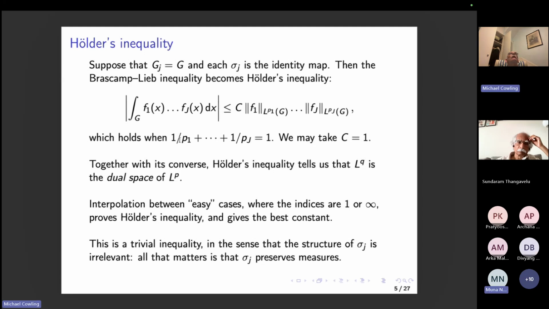Okay, when you are proving the interpolation, in some sense, I think you need a little bit more than just the endpoint cases. You need to be able to identify what you get in the intermediate spaces.